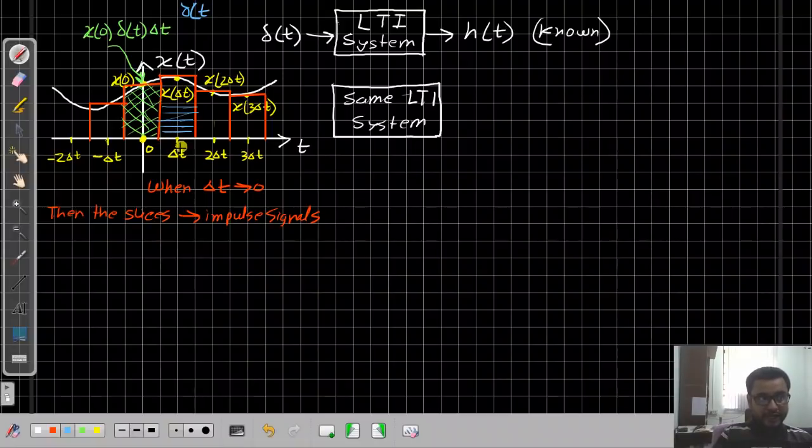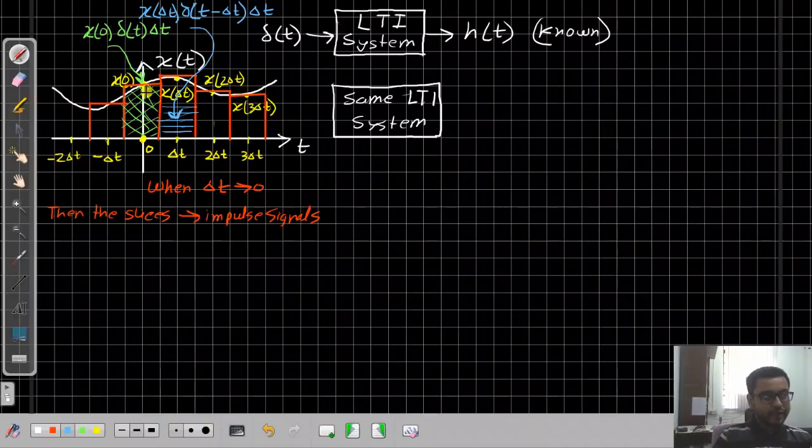It will be located at time delta t, so let me write t minus delta t, and the area of this curve is the same as the height times the width. Height is x of delta t, multiplied by the width delta t. That is this part.